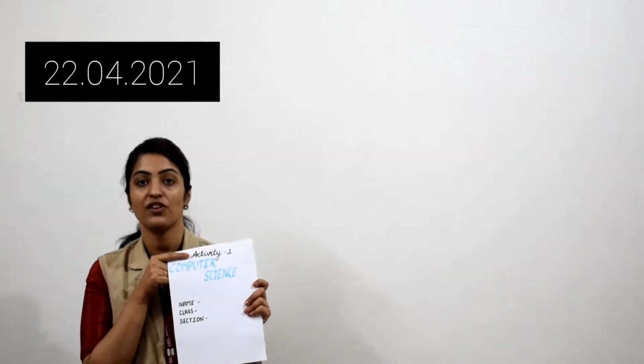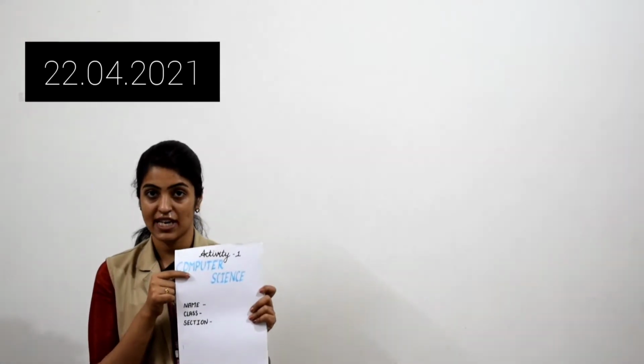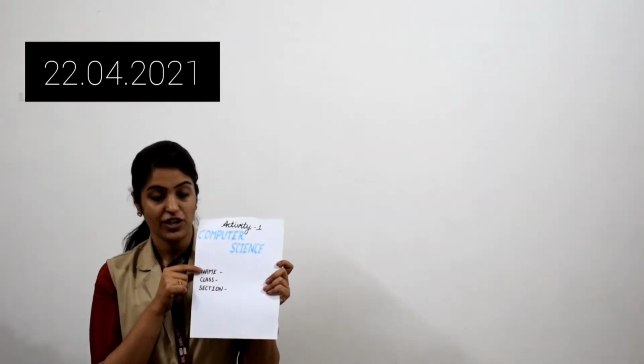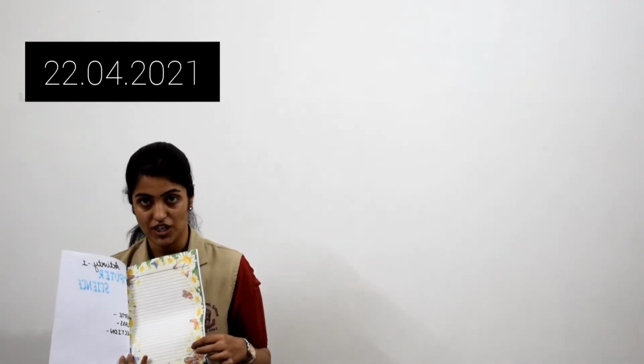On top you will write Activity 1. Then you will mention your subject, computer science. Then you will write your name, class and section.